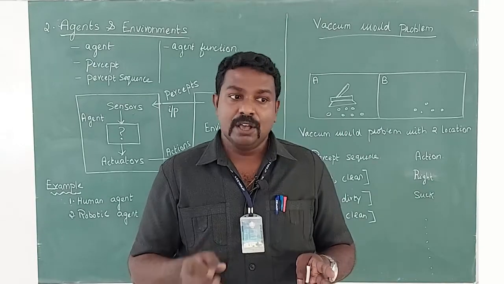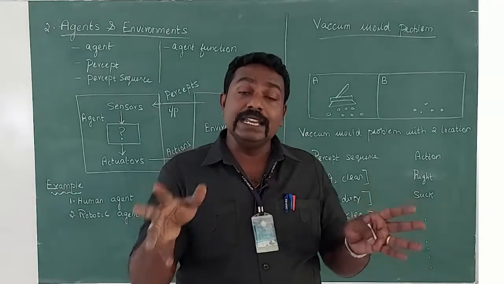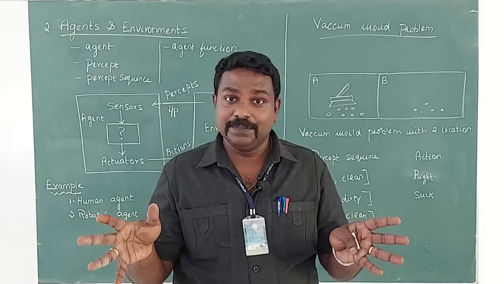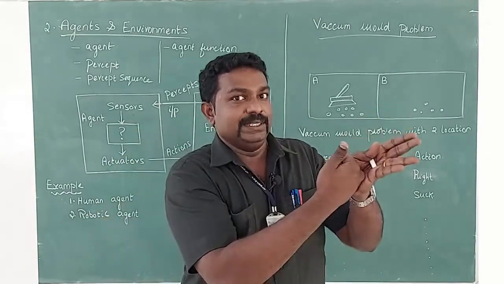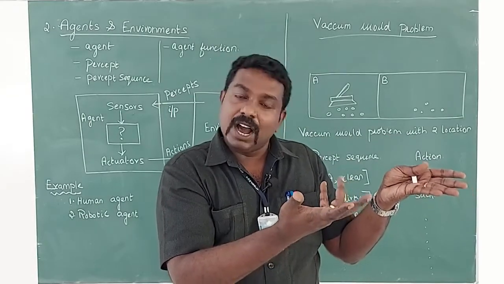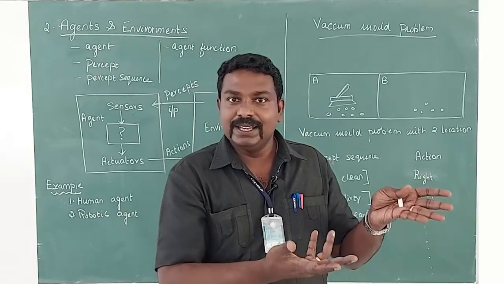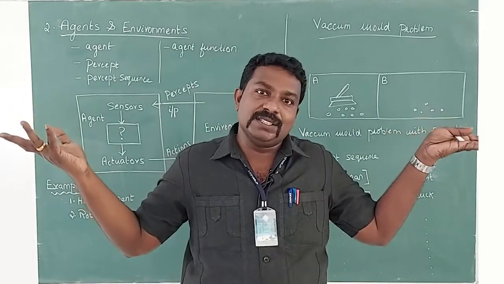So likewise, for an input, there are different kinds of outputs possible, right? I gave a punch to a person, he may sometimes smile if he is a friend, or he may give a punch back, or he may scold me back, or sometimes there won't be any response at all.